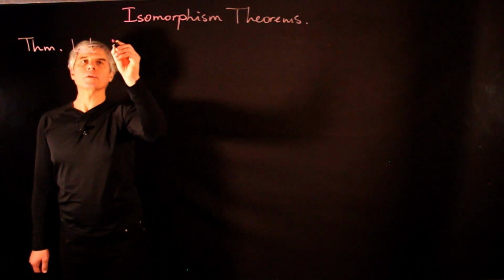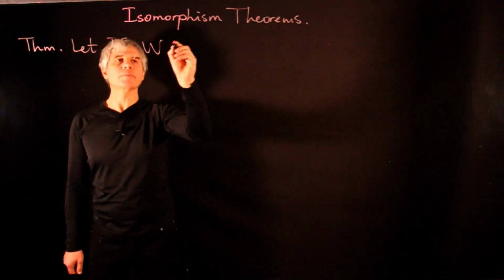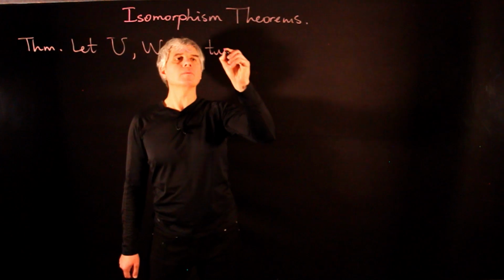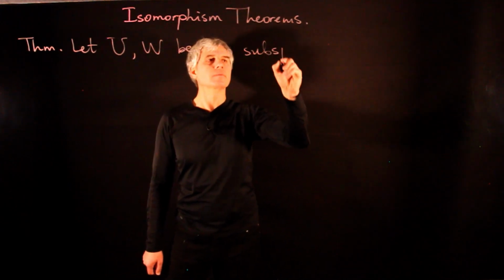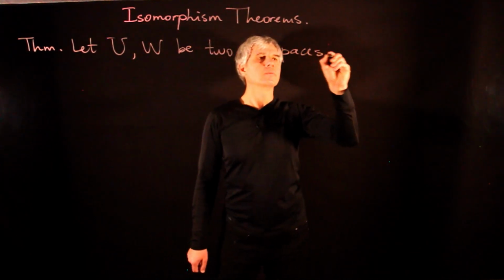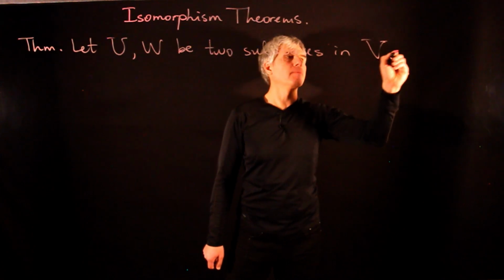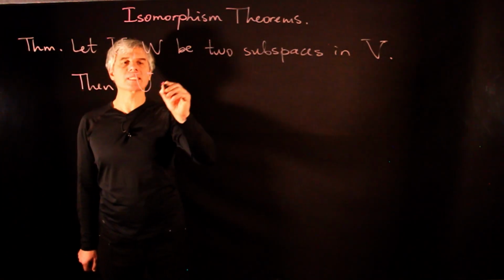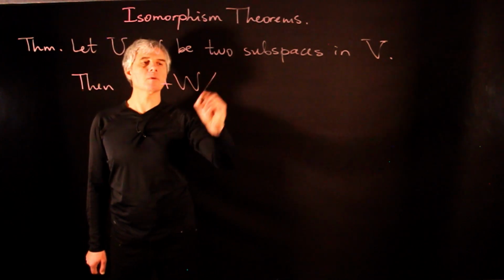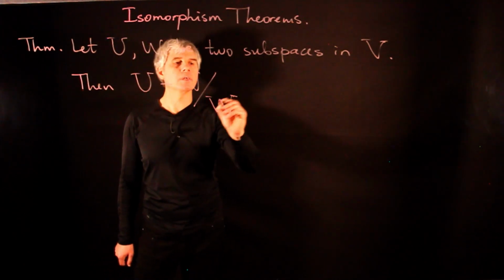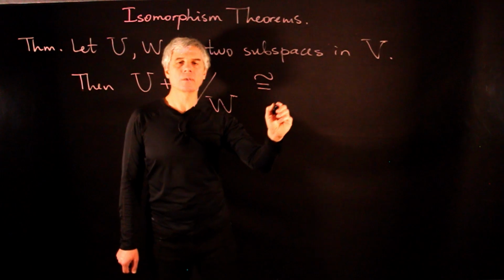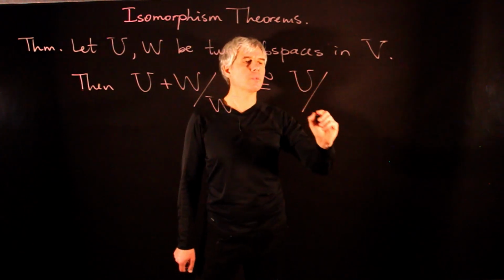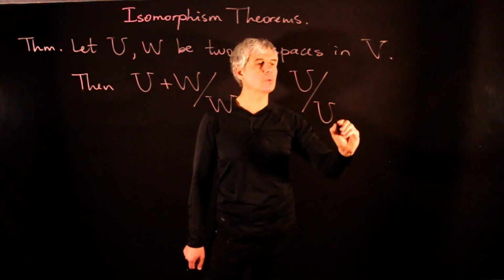Let U and W be two subspaces in the vector space V. Then the sum of these subspaces, quotient out by W, is isomorphic to U quotient by the intersection of U with W.